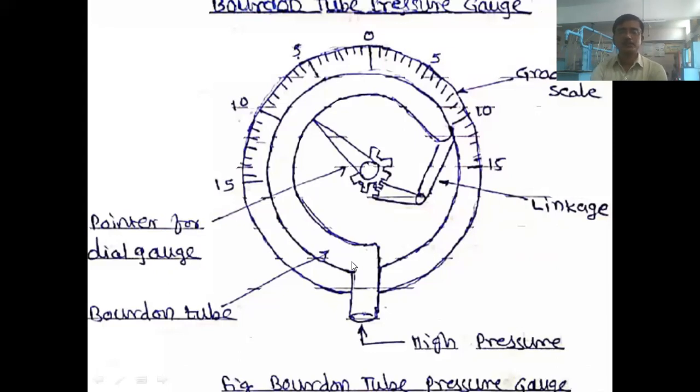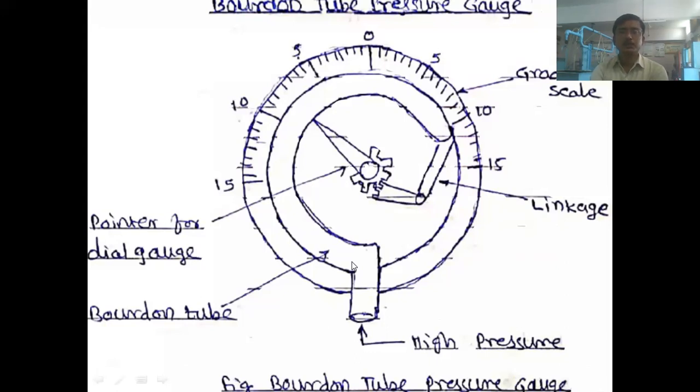In simple manometers, we have seen the piezometer, the U-tube manometer, and the single column manometer. In differential manometers, we have seen 2 types: the U-tube differential manometer and the inverted U-tube manometer, right?